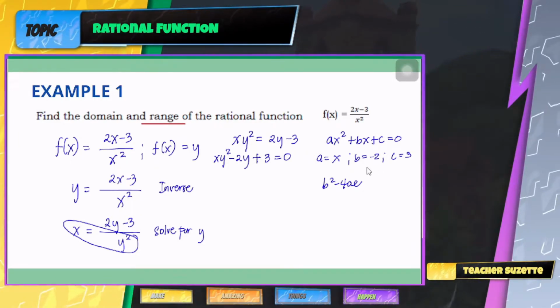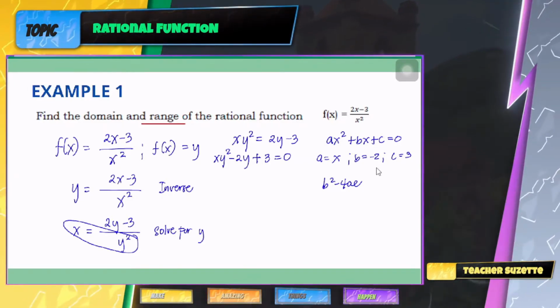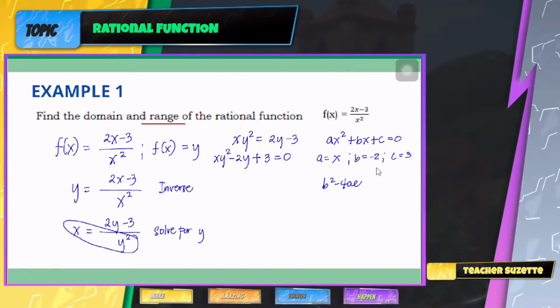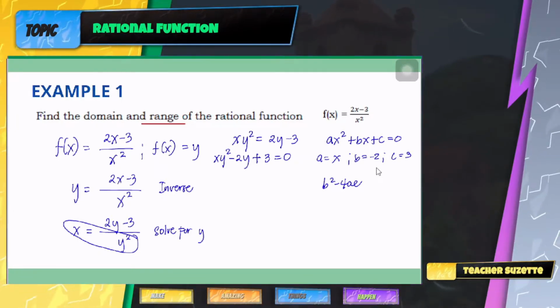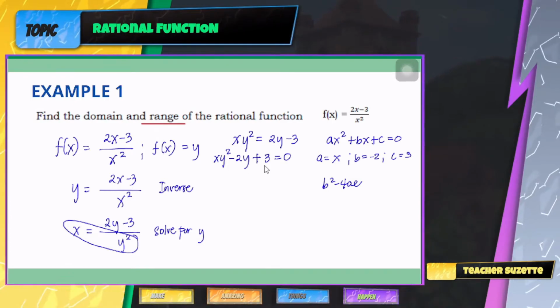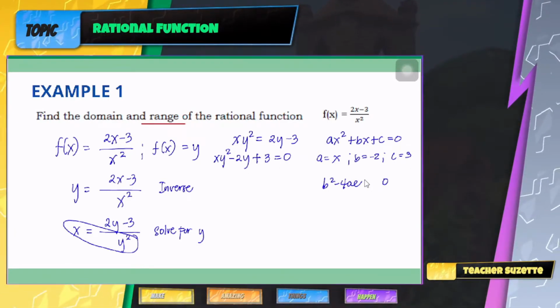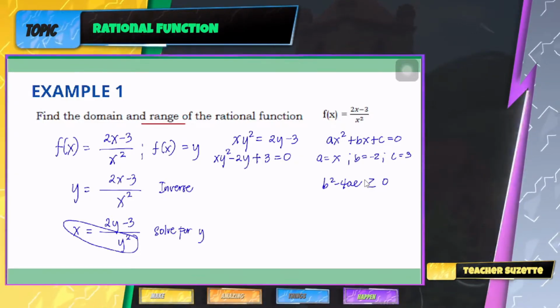So, we will use that to solve for this quadratic equation.